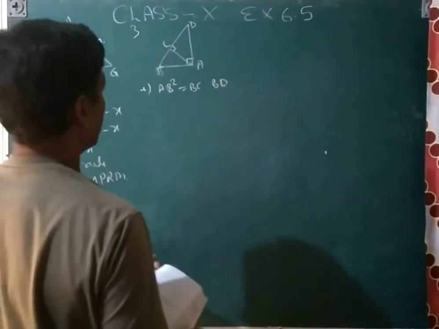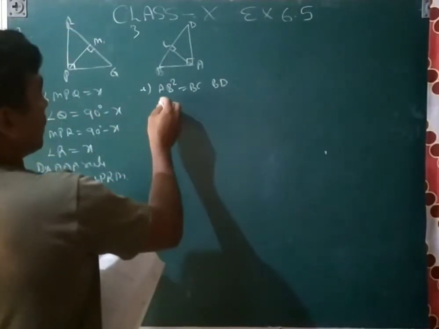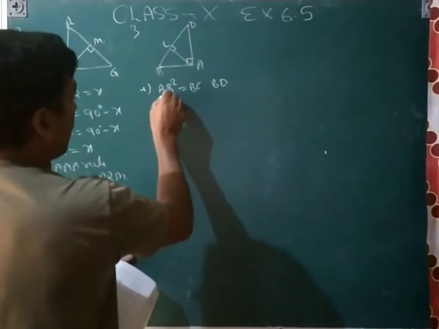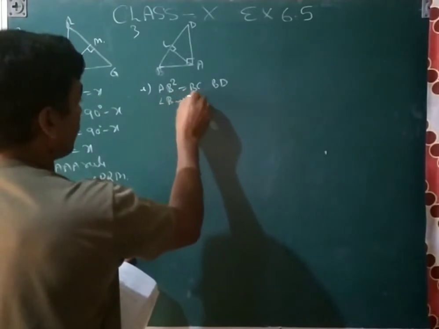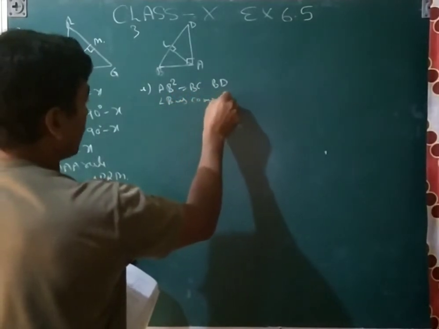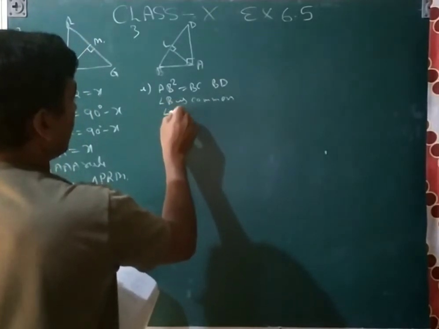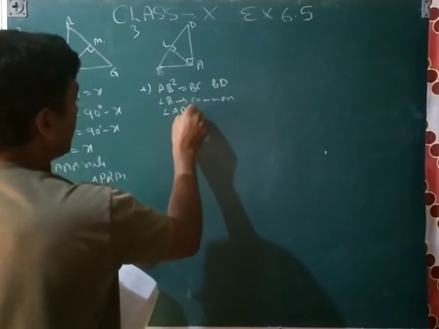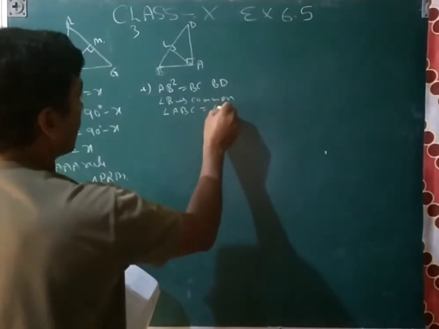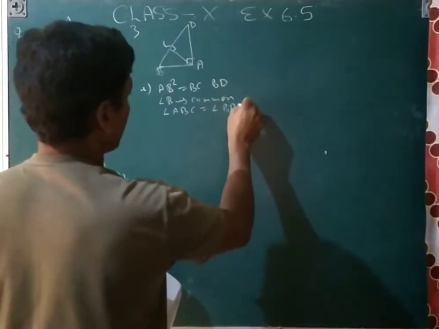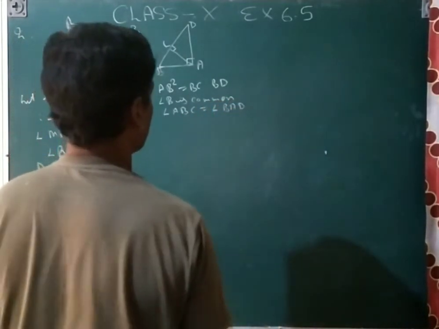So angle B is common. Angle ABC is equal to angle BAD, that is 90 degrees by perpendiculars.